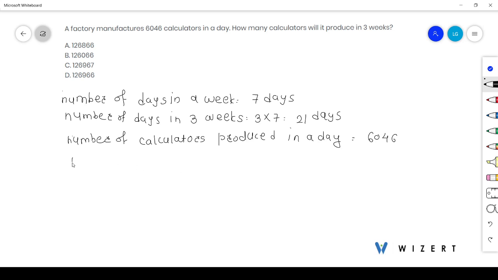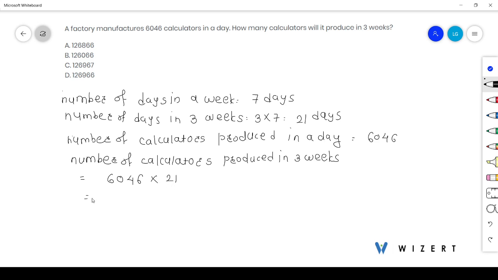So we can find the number of calculators produced in 3 weeks by multiplying the number of calculators produced in a day, that is 6046, into the number of days in 3 weeks, that is 21.